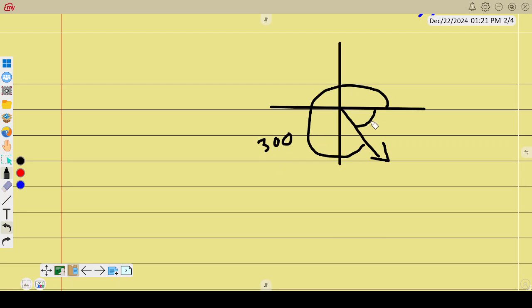As we want to use the helping angle, for us to know it we just say 360 minus this, because one remaining part is left to reach 360. So we say 360 minus 300, and that would be 60.